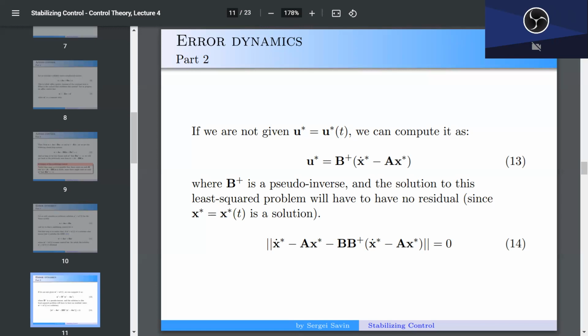This argument is actually interesting, more or less for control theory, but much more interesting, I think, for you as people who work with data. Because here, the matrices that I used have to do with control, but they could have to do with anything else. It's just the solution of differential equations.